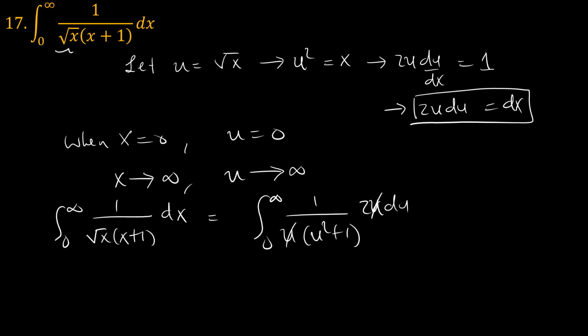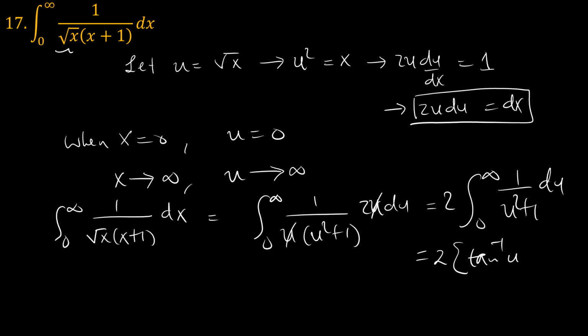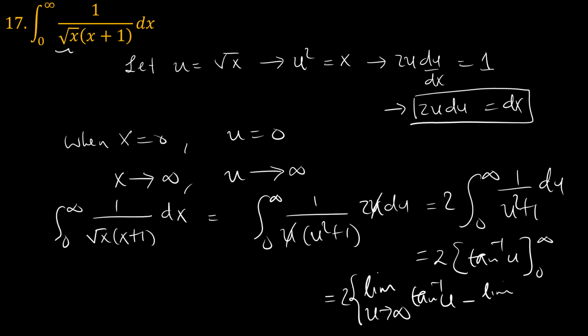So this and that becomes 2 times the integral from 0 to infinity of 1 over u squared plus 1. So this is the same as 2 arctangent of u from 0 to infinity, which is twice the limit as u tends to infinity of arctangent of u minus the limit as u tends to 0 of arctangent of u.